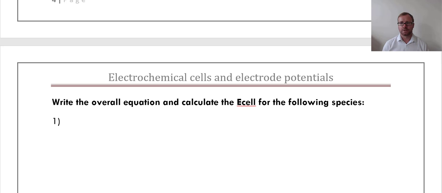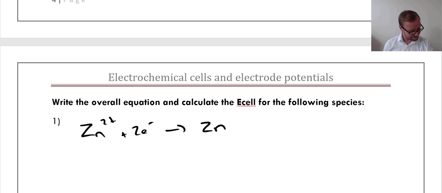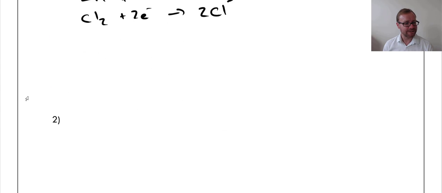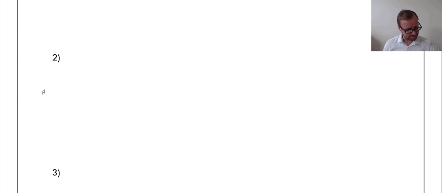Okay. Just noticed I haven't actually given you any questions, so let's write them on. So the first one is, Zn2+ + 2e- goes to Zn, Cl2 + 2e- goes to 2Cl-. My second one: Zn and Fe2+ + 2e- goes to Fe, and lastly Cu2+ + 2e- gives you Cu, and Ni2+ + 2e- gives me Ni. It'd be good if you could work them out without giving you any clues.